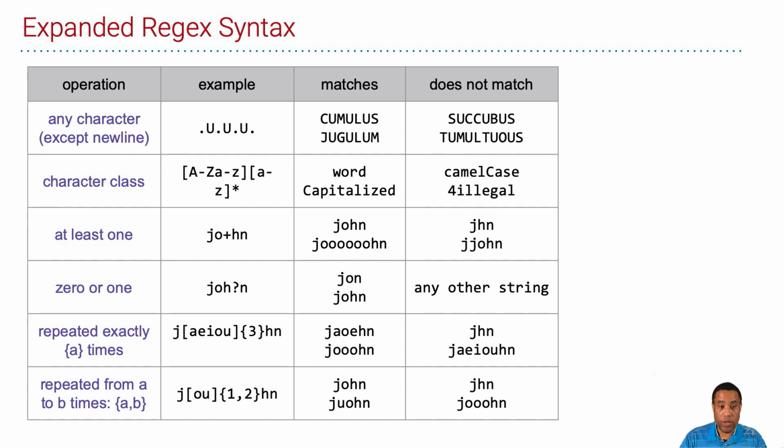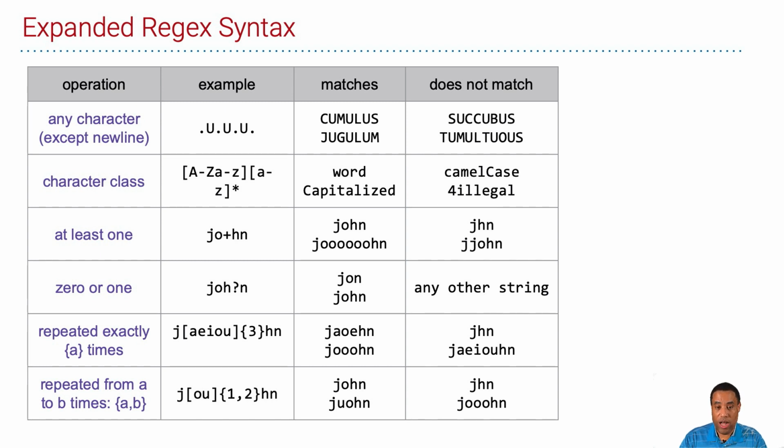And the last one is where we put A, comma, B in our curly braces. And what that says is take the operation before, and repeat that anywhere from A to B times, in this example 1 to 2 times. So here we have J and then the character class OU, and that's repeated, one of those or both, 1 or 2 times.